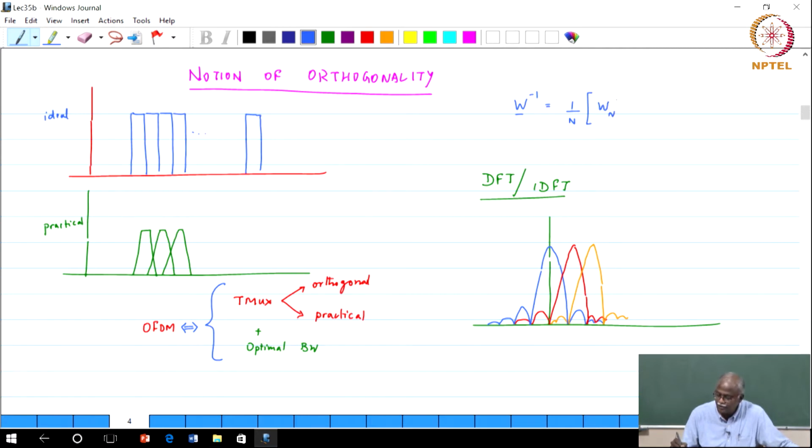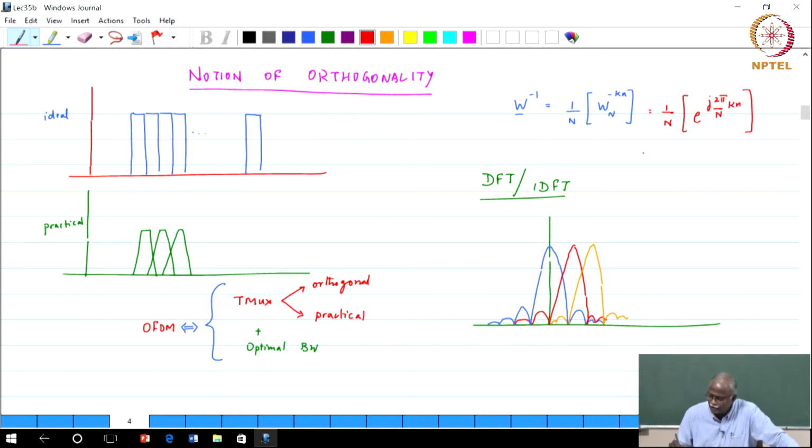The conjugate of the DFT matrix is W_N^{kn}, this will be W_N^{-kn}, and the DFT matrix is symmetric. So strictly you would have written it as minus nk, but it is the same. So what does this actually come out to be? It is 1 over N e^{j2π/N · kn}.